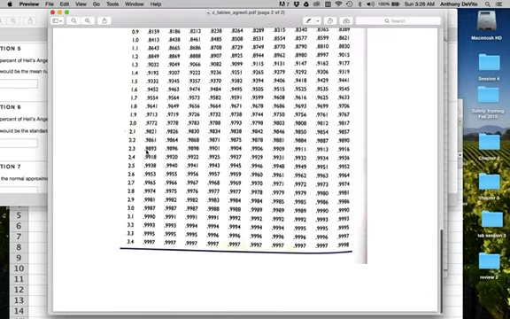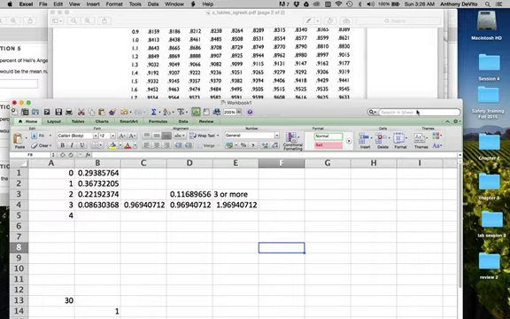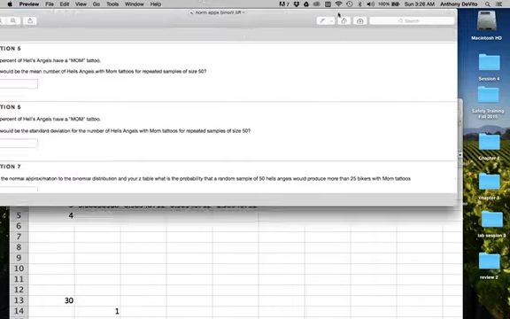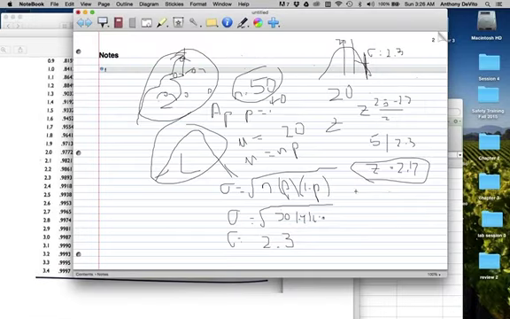So 2.17: 2.1 row, 0, 1, 2, 3, 4, 5, 6, 7 column, would be 98.5%, 0.985. Here's my normal distribution. The area to the left of that z-score is 98.5%.